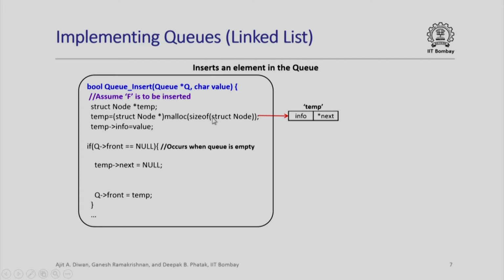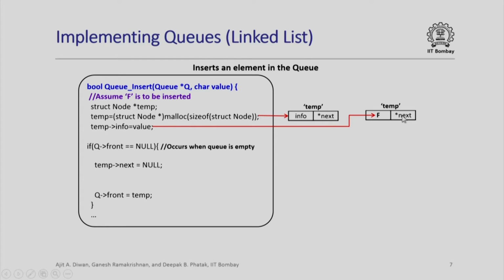When we allocate memory to it, a node gets created which can contain some information and a pointer. Next, the value that is to be inserted is assigned to temp info. That means here I will have f as the value, and we still do not know what this pointer is. But notice that this is the only element in the queue, it does not point to anybody else. So, this will have to become null.